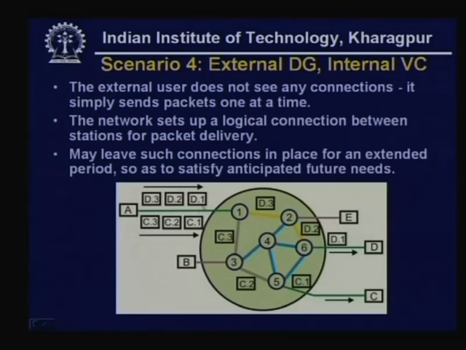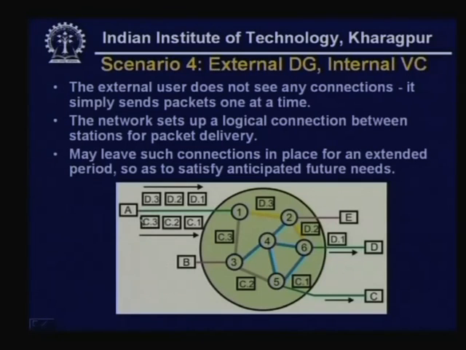So, since the packets have been given in the order D.1, D.2 and D.3, they go through the network in the same path, following the same sequence through the same virtual circuit. So, here also the order in which the packets are provided to the node, in the same order they go, because inside it is a virtual circuit.